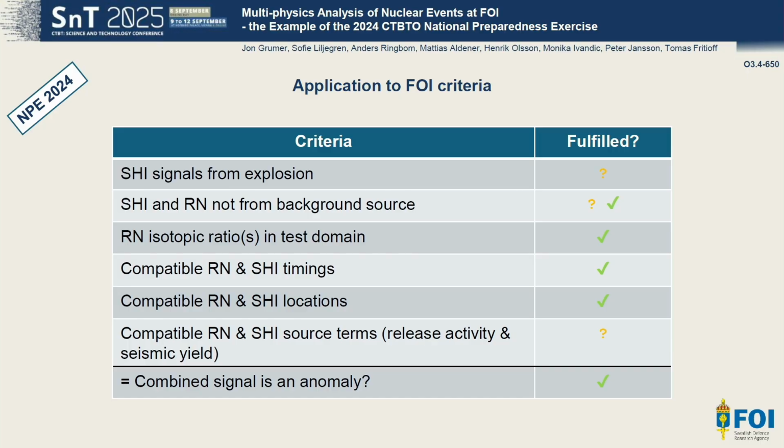The test domain is okay. The timings we could fit, the locations we could fit, but we couldn't fit the release activity with the seismic yield simply because we weren't provided with response functions or calibrated seismic data, so we couldn't reliably produce a magnitude. But the combined signal was an anomaly.